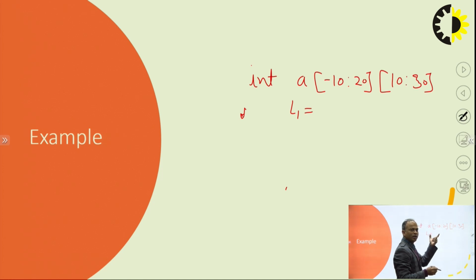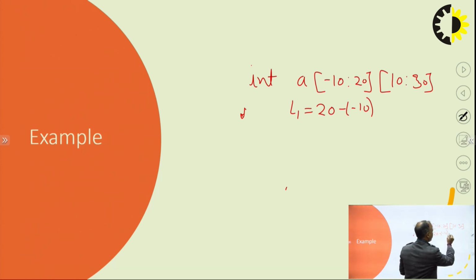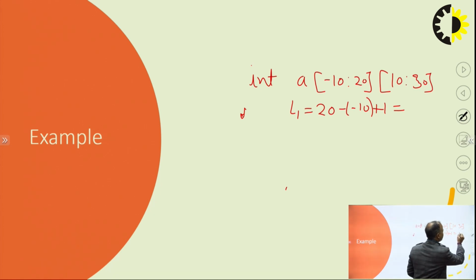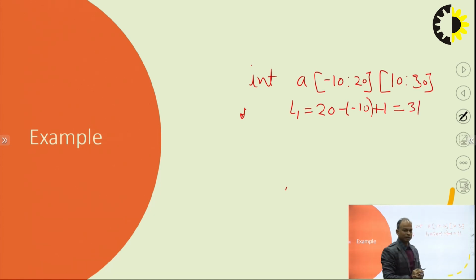Therefore, L1 will be 20 minus minus 10, so we need to subtract minus 10, I mean upper address minus lower address plus 1. So in this way, 20 plus 10, 30 plus 1, 31. So 31 is the L1. In this way, you are able to get the L1.